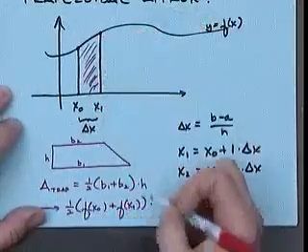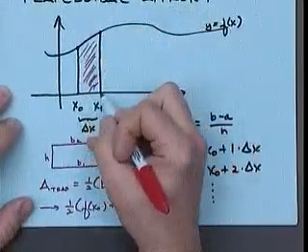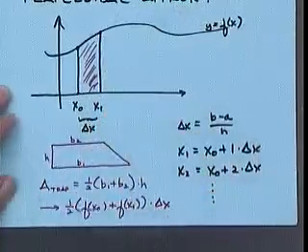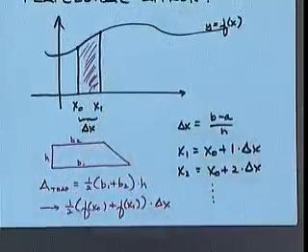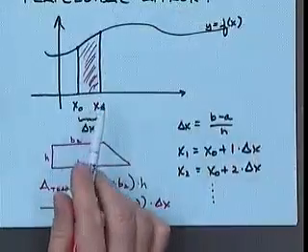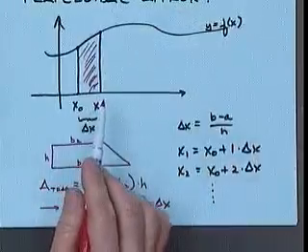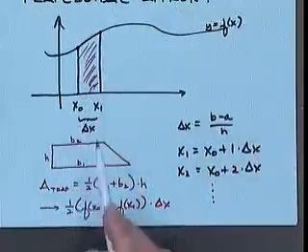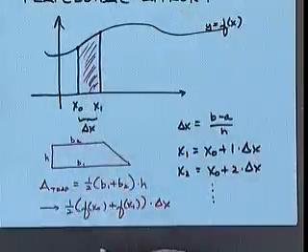Times delta x. And our h is this distance from here to here, which is delta x. Does that work? So for that single trapezoidal region, then we would translate our old geometry formula into what applies on this particular diagram.